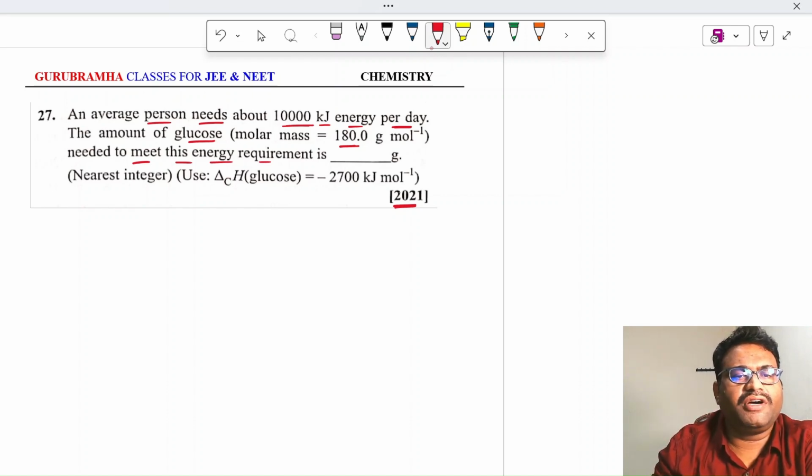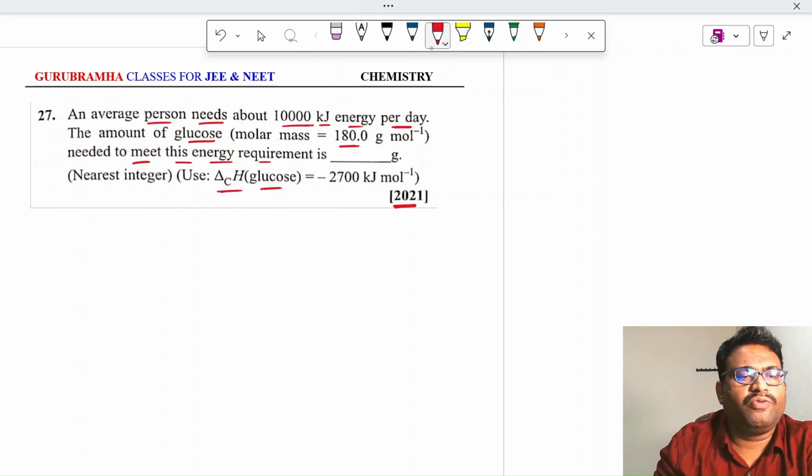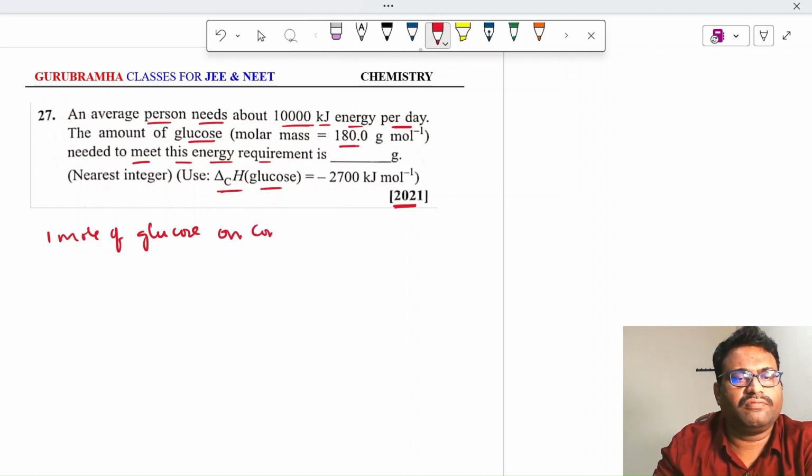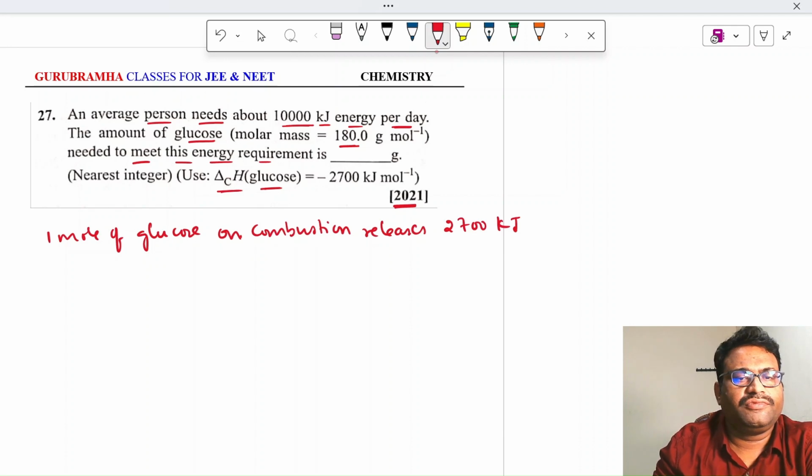Okay, here you are given the enthalpy of combustion of glucose. Enthalpy of combustion is always calculated per mole. That means 1 mole of glucose on combustion releases 2700 kilojoules. 1 mole of glucose weighs how much? 180 grams.